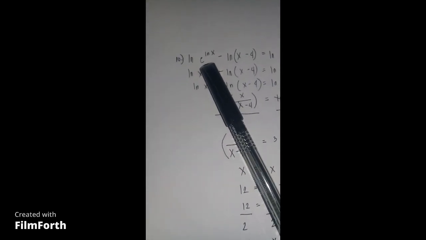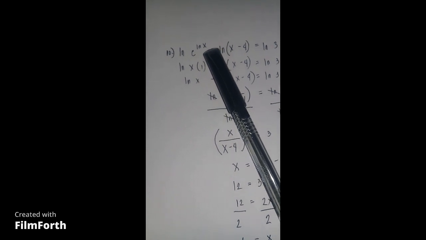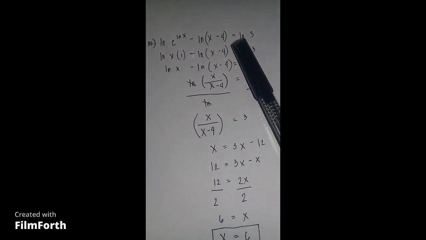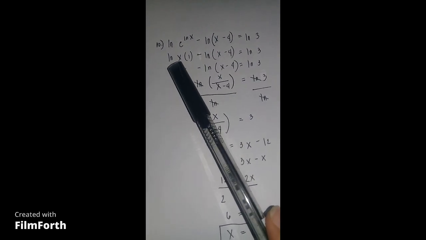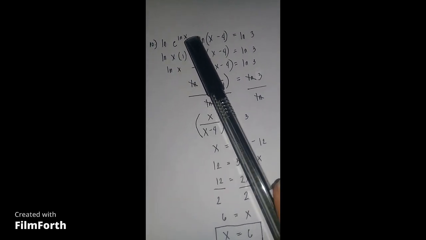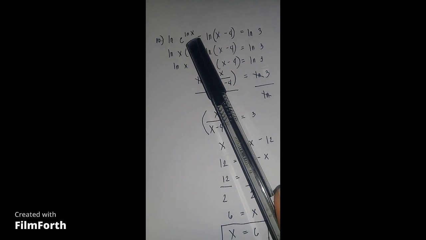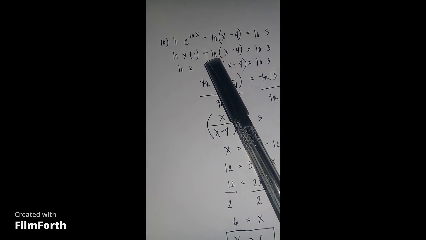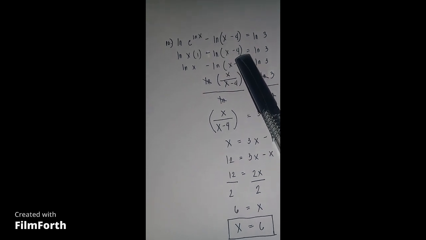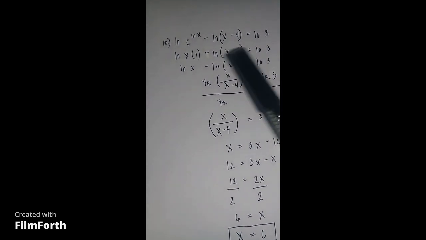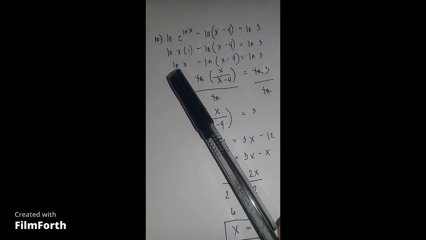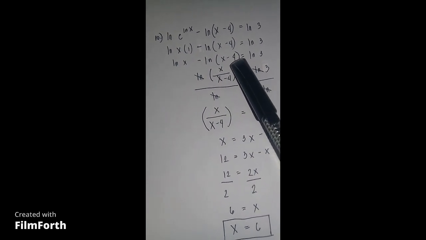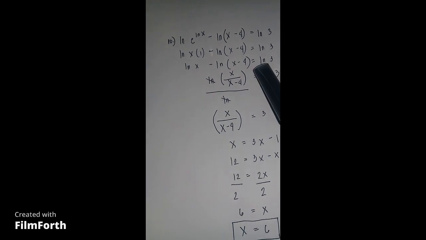So ln e raised to ln x minus ln quantity of x minus 4 equals ln 3. So ln e, the value is 1. So ln x minus ln quantity of x minus 4 equals ln 3.